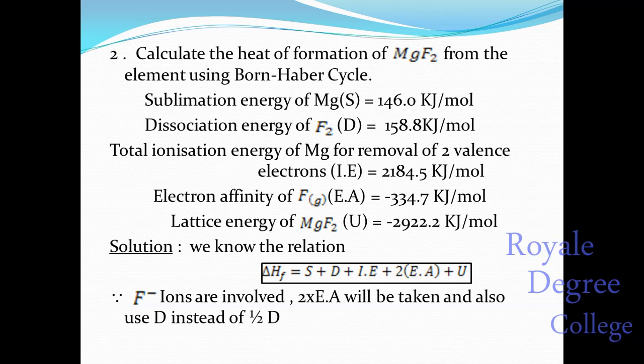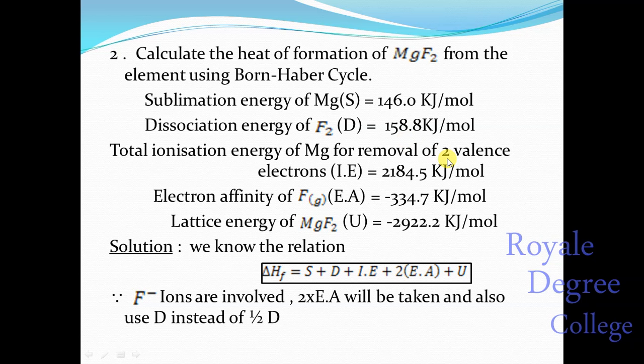Calculate the heat of formation of magnesium fluoride from the elements using the Born-Haber cycle. Sublimation energy of magnesium is 146.0 kilojoules per mole. Dissociation energy of F2 is 158.8 kilojoules per mole.